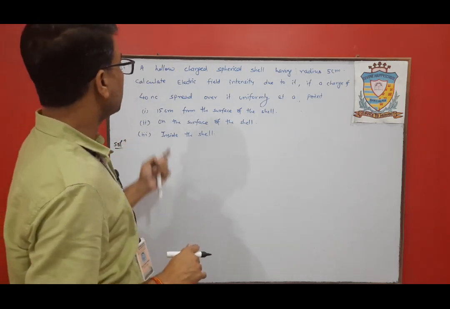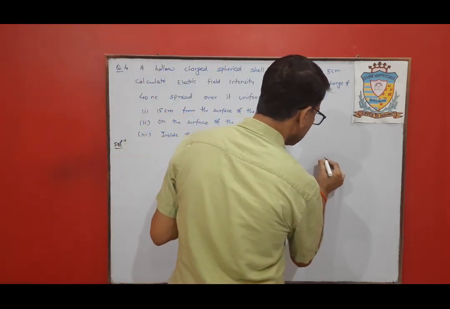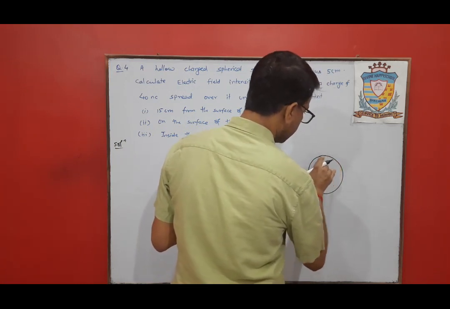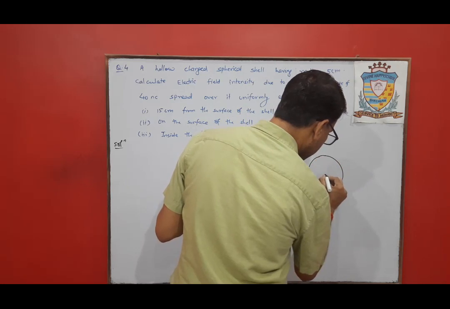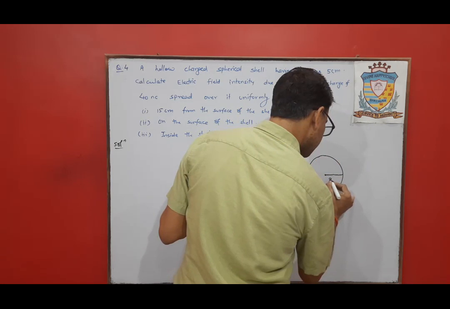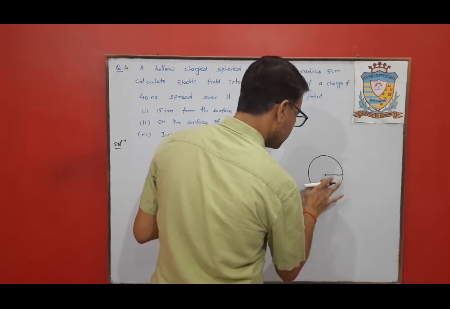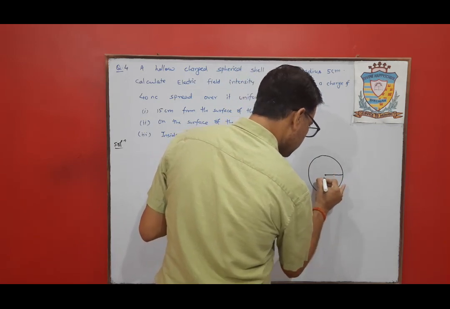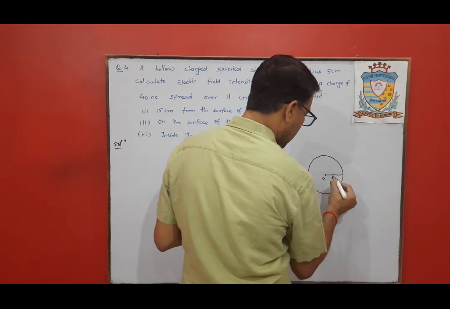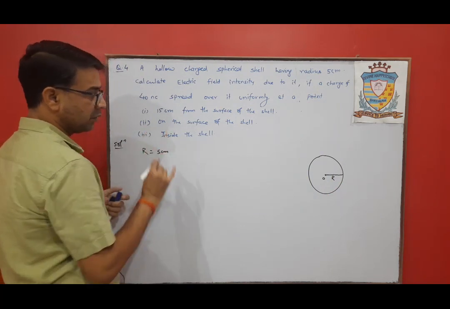So first thing what we have, that is a hollow charged spherical cell. So first we will draw a spherical cell of radius R. The center is O, and this is capital R, and the value of capital R is given as 5 centimeter.